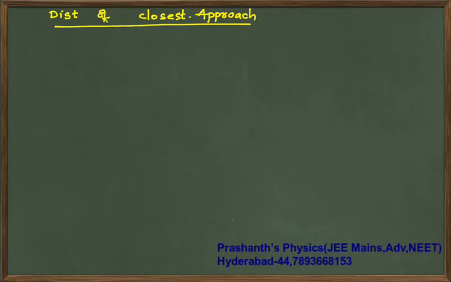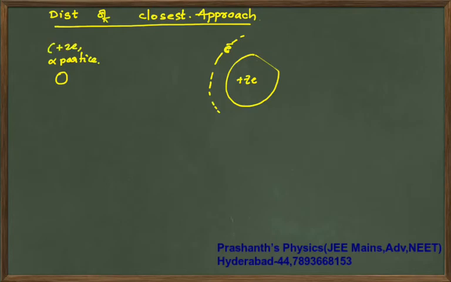I will tell you the questions, but before that, you might have studied in electrostatics, if you take some charged particle coming close towards the nucleus, like for example an alpha particle itself, this alpha particle will have a charge of plus 2e and a mass of 4 times the mass of a proton.